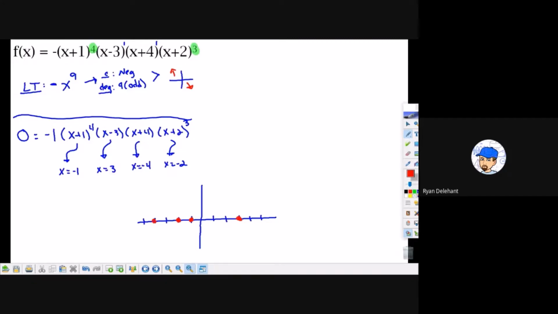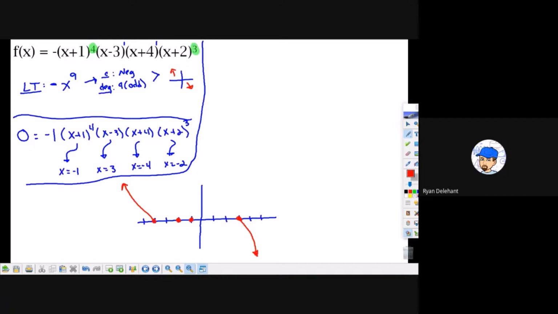And based on our end behavior stuff, which we'll double check when we get to the sign table, we know for a fact this end is going to go up and this end is going to go down. Now, there's only 2 options as it's in between.